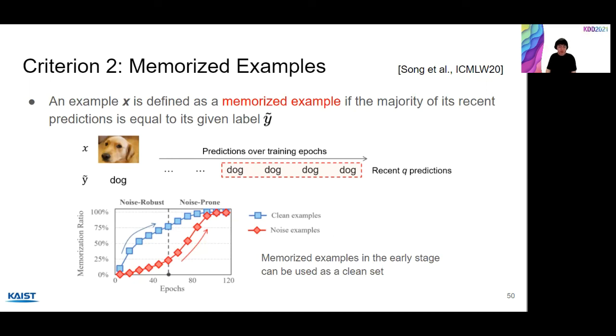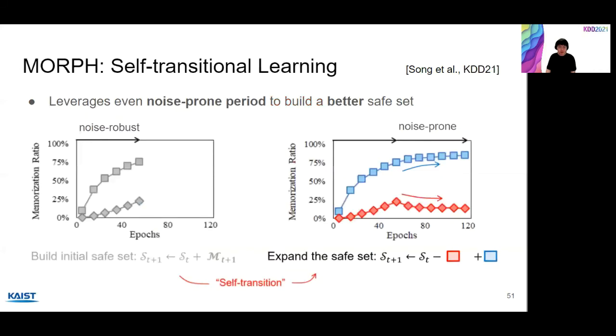With this concept, we can plot how many clean and noisy examples are memorized over training, as shown in the figure below. As you can see, at the early stage of training, deep neural networks are prone to memorize clean examples dominantly. So this paper proposed to select the examples memorized at the early stage of training, which is the noise-robust period, as the clean ones, and to only use them during the remaining learning process, which is the noise-prone period, as shown in the figure.